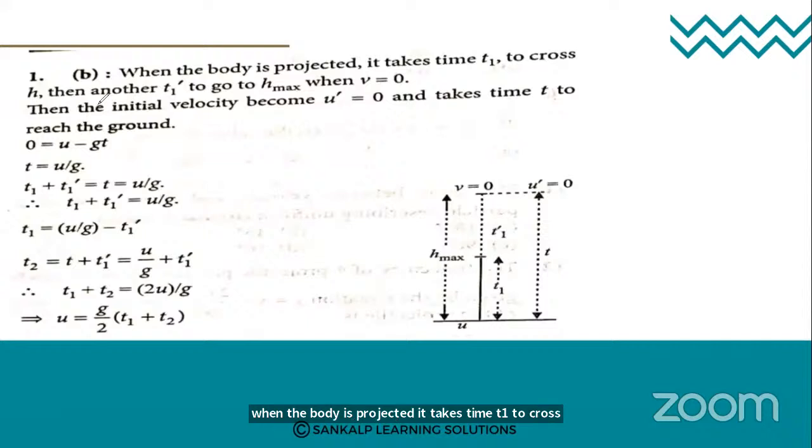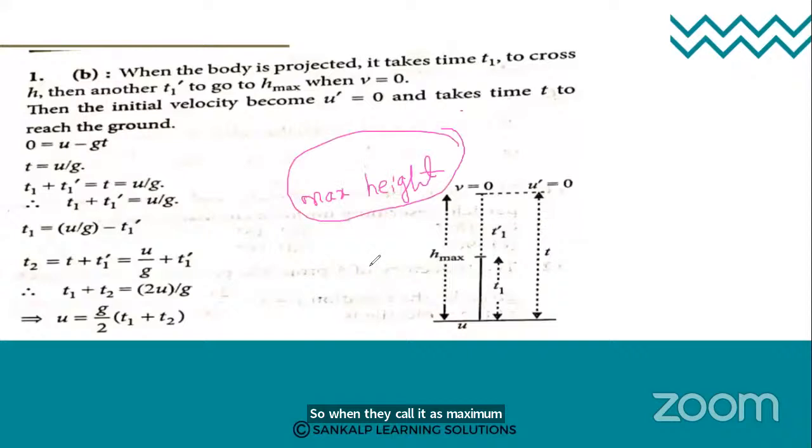Then another t1 dash to reach the maximum height, where v is 0. What is the meaning of an object reaching the maximum height? Always remember, maximum height means the final velocity will be 0.